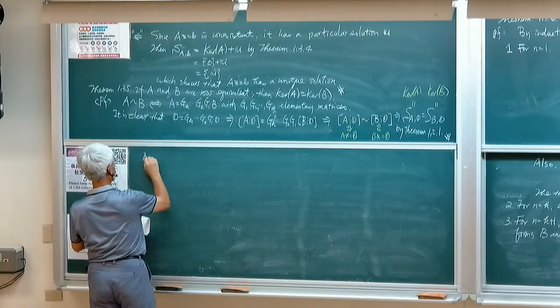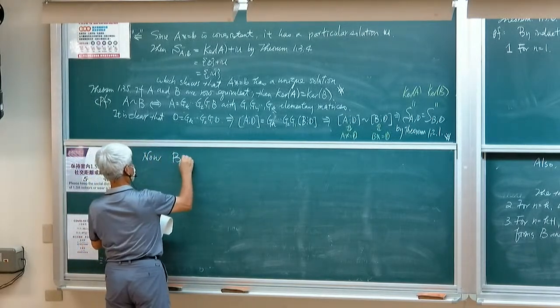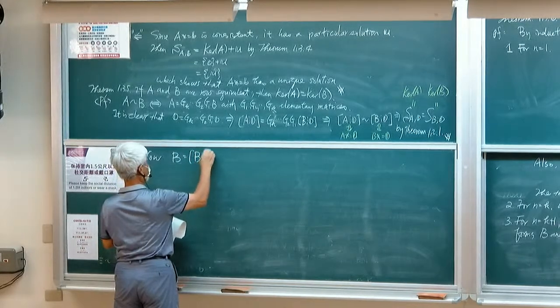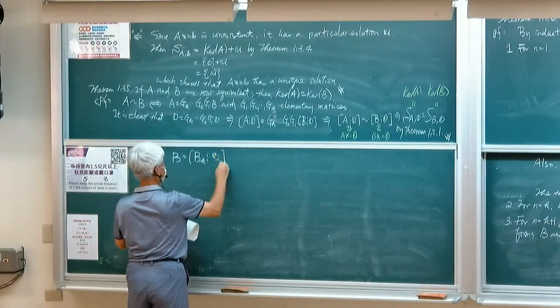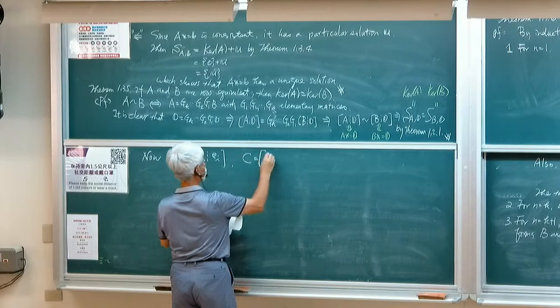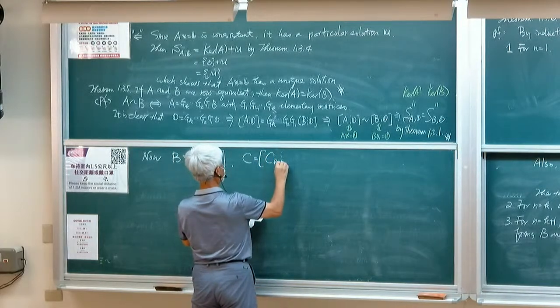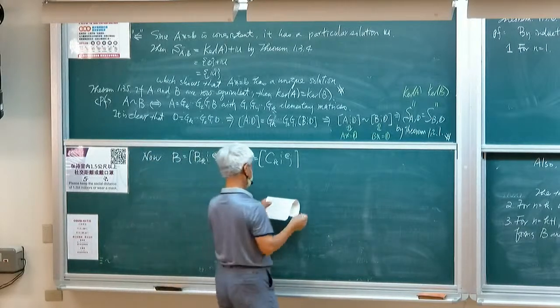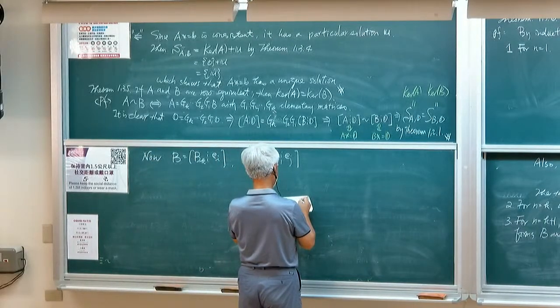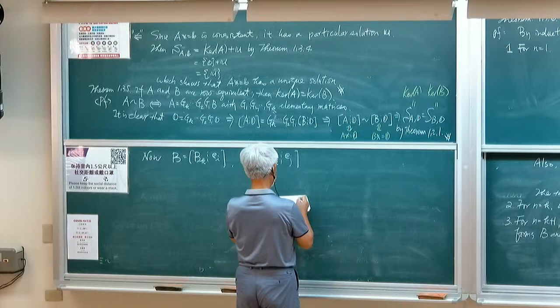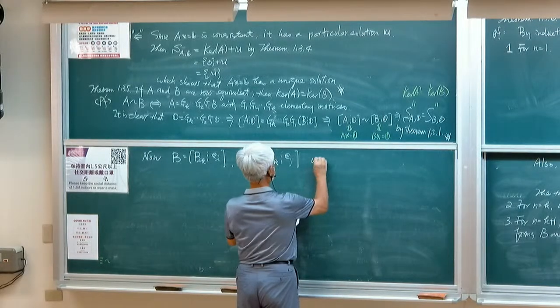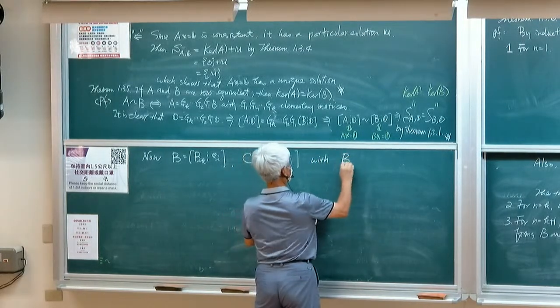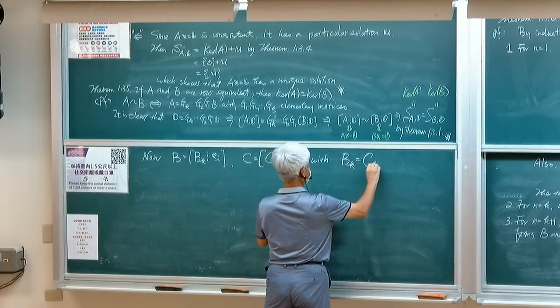Okay, so now B becomes [B_k e_i], and C becomes [C_k e_j], with B_k equal to C_k already.